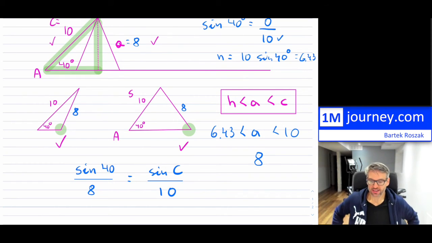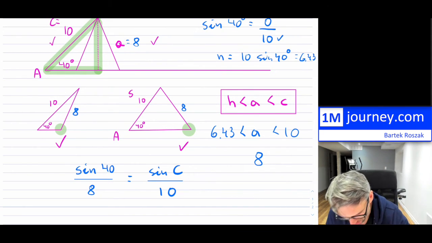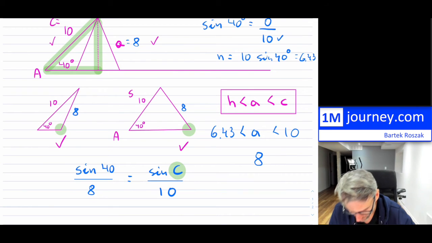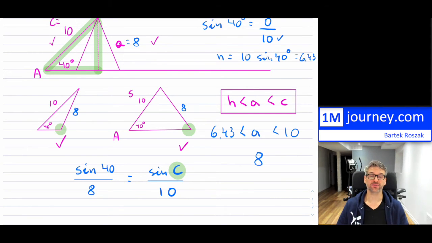So the sine law is identical for those two triangles, right? It's exactly the same, but the triangles are clearly different. And this angle can't be the same for both, but yet you might get trapped here.